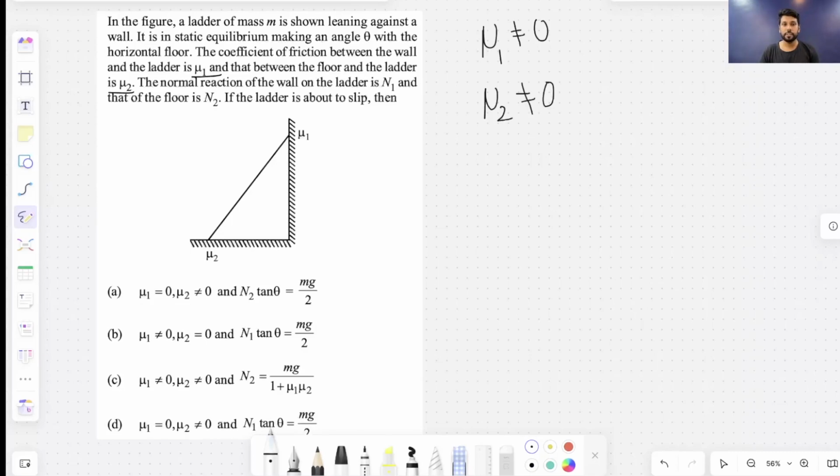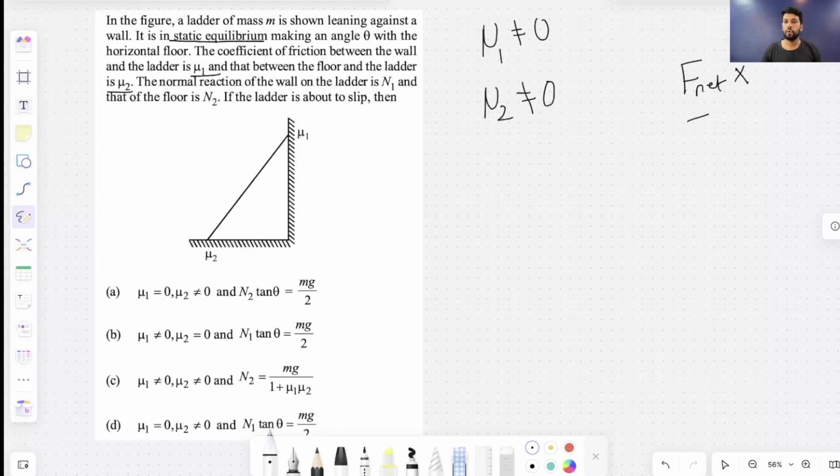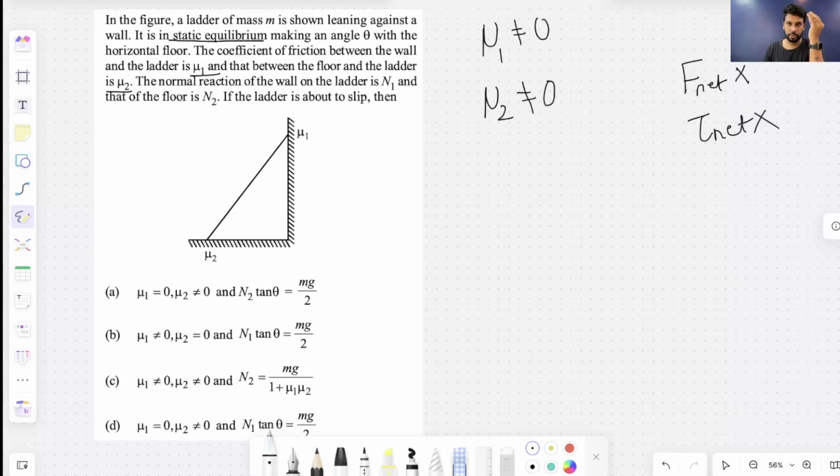It is clearly mentioned that it is in static equilibrium. When I say static equilibrium, that means there is no net force acting on it, and no net torque acting on it. You should know that static equilibrium means force and torque are both going to be 0 in this case. So let's begin in this way.